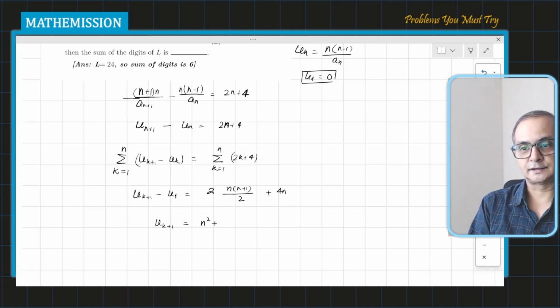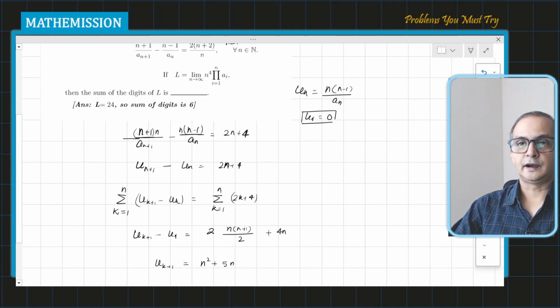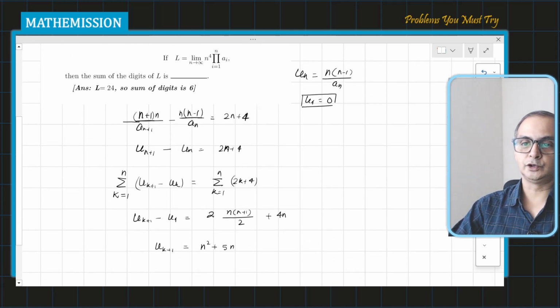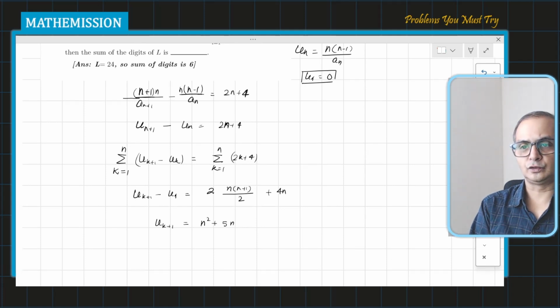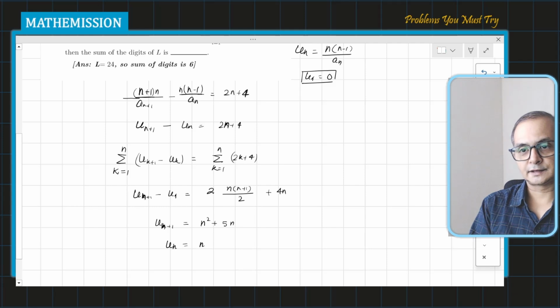Once we got u_(n+1), I can directly substitute the assumed value of u_n. So let's find u_n, because we substitute n there. So u_(n+1) we have so far as n times (n plus 5).